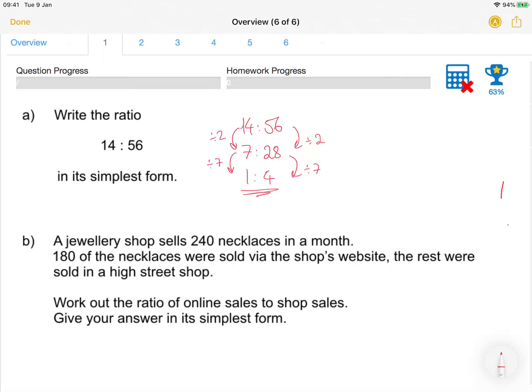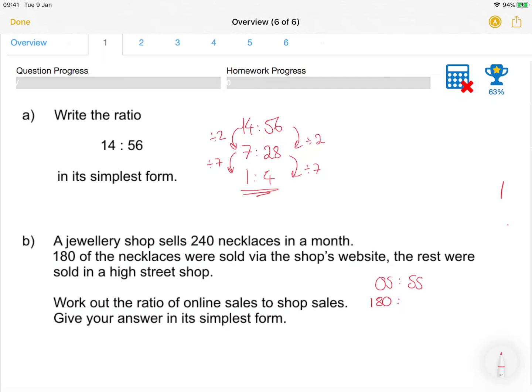Right, a jewellery shop sells 240 necklaces in a month. 180 of the necklaces were sold via the shop's website, the rest were sold in the high street shop. Work out the ratio of online sales to shop sales. So I'm just going to put OS for online sales and SS for shop sales. And then I know that they sell 240 overall, and 180 were via the online shop or the website.